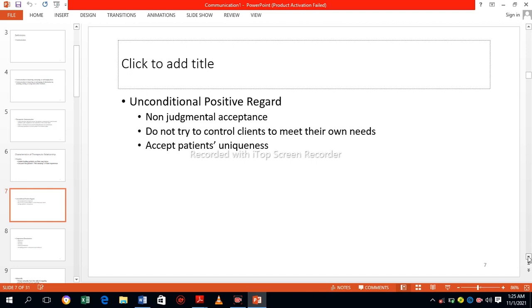You do not try to control clients to meet your own needs, but you accept the uniqueness of the patient. You understand them, you do not judge them, and you accept their uniqueness. So it is called unconditional positive regard. You are unconditionally accepting who they are as a patient.